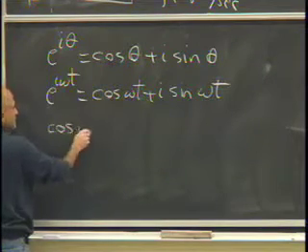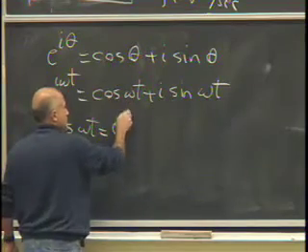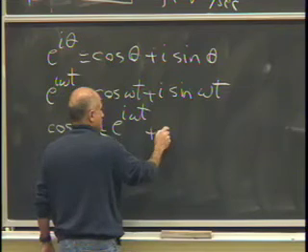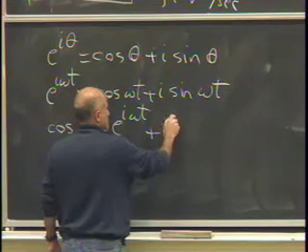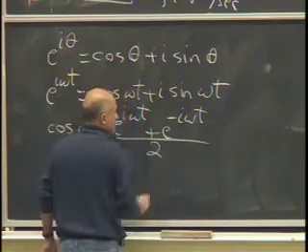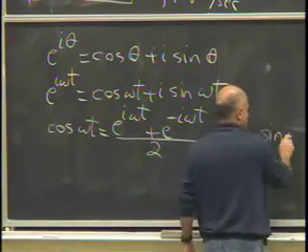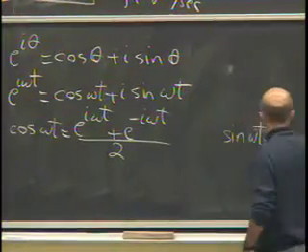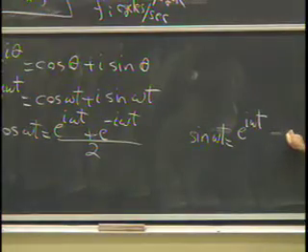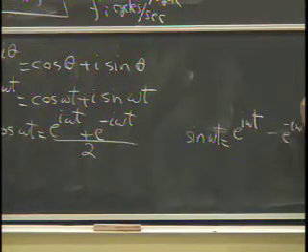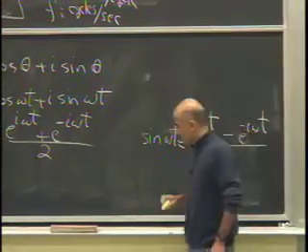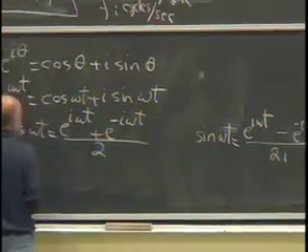So cosine omega t is e to the i omega t plus e to the negative i omega t, divided by 2 or 2i? 2. And the sine is e to the i omega t minus e to the minus i omega t, divided by 2i.